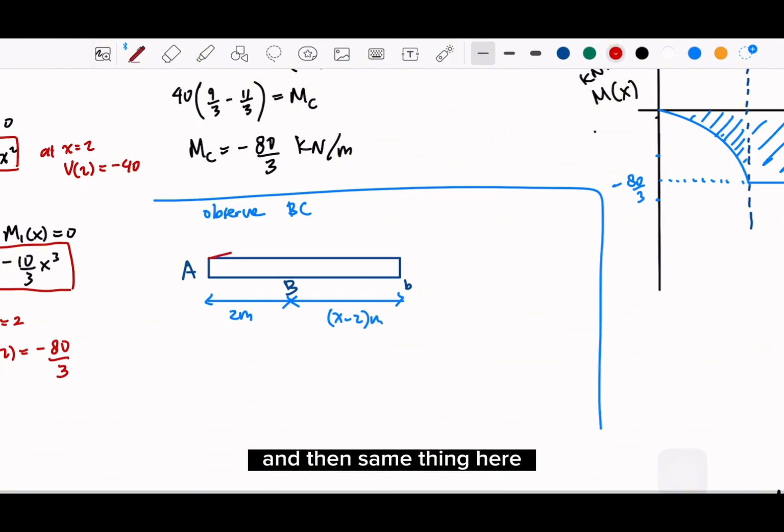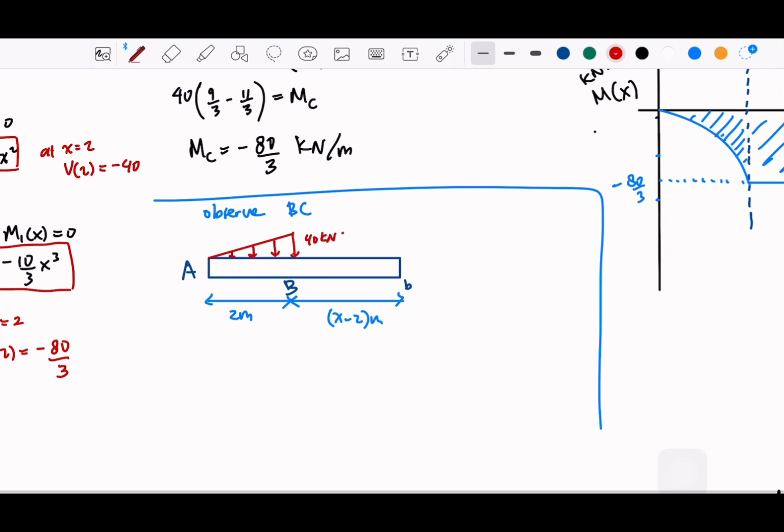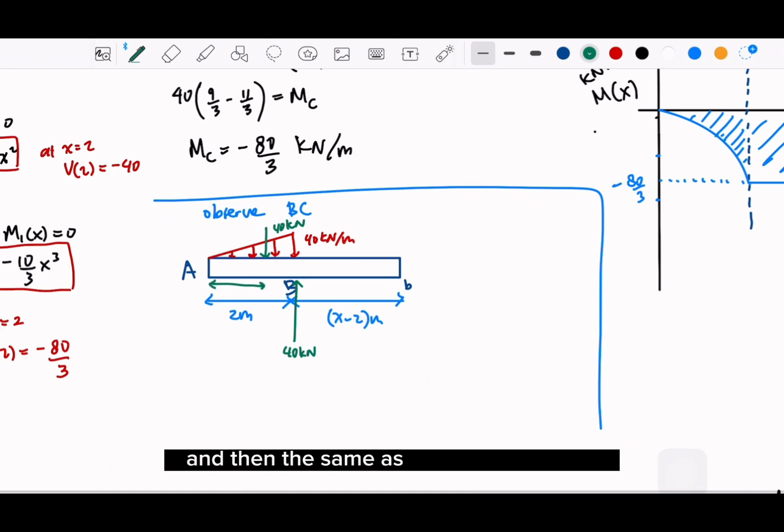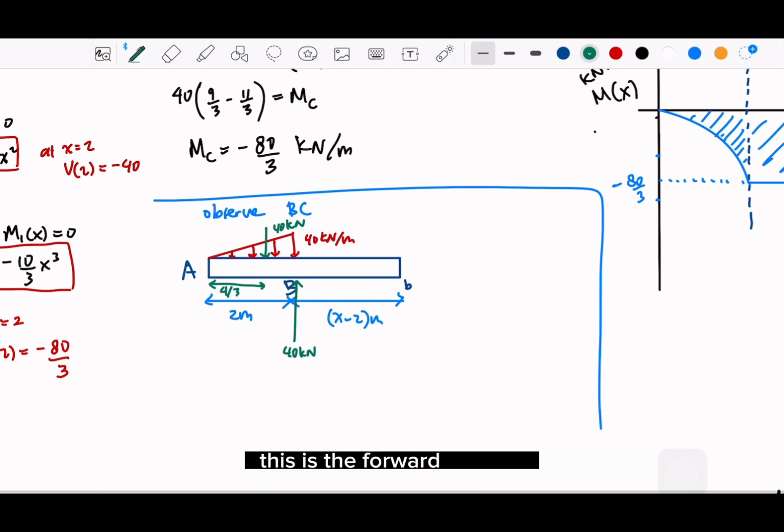And then same thing here, load distributions all the same. So this will be 40 kilonewton over there. Reaction, this is 40 kilonewton. And then the same as the original, this is the 4 over 3 meter.